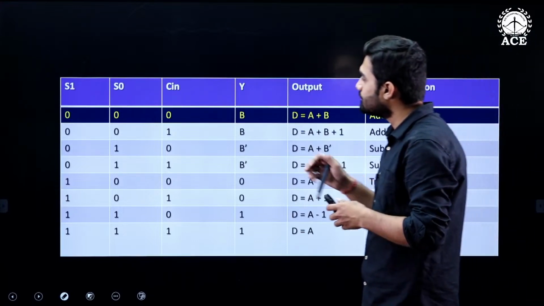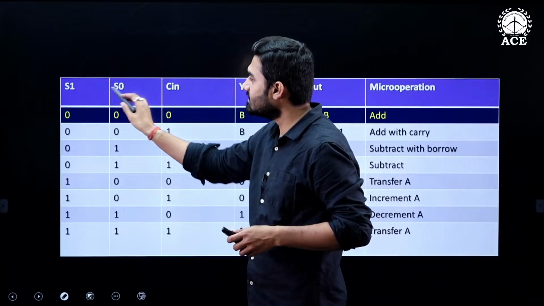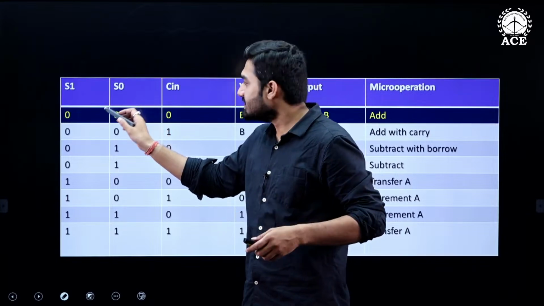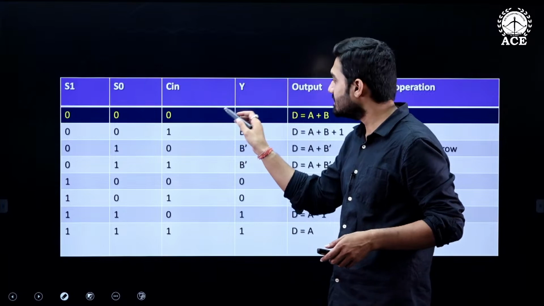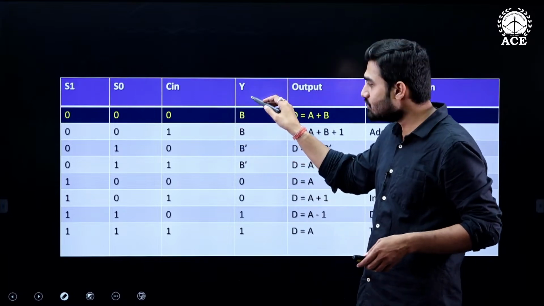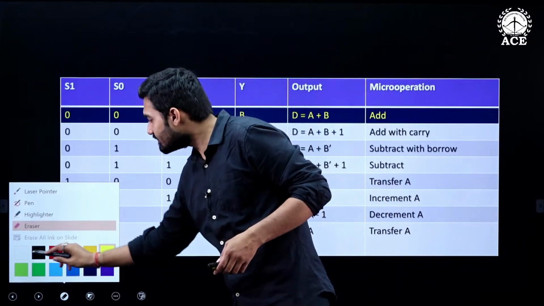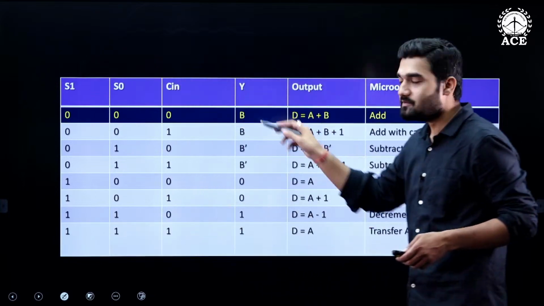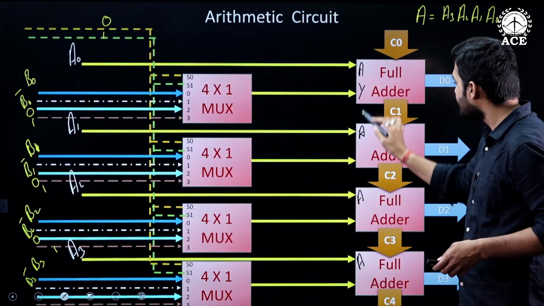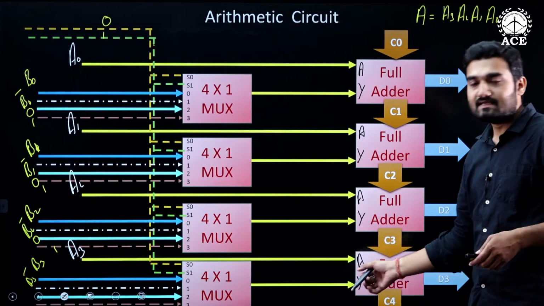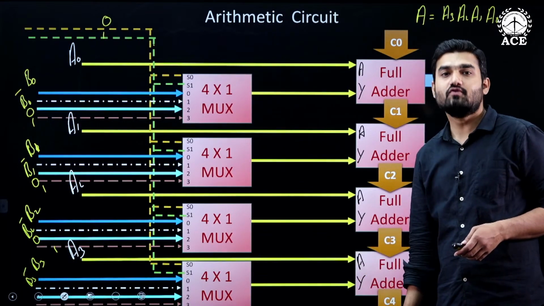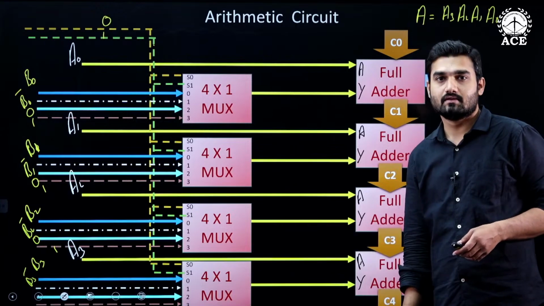If you see, S1, S0, the select lines, have 0, 0, and the carry has 0. Then this person named Y. Who is this? Let me show you where Y is. Y is this one. What is Y doing? Y is the output of the mux.